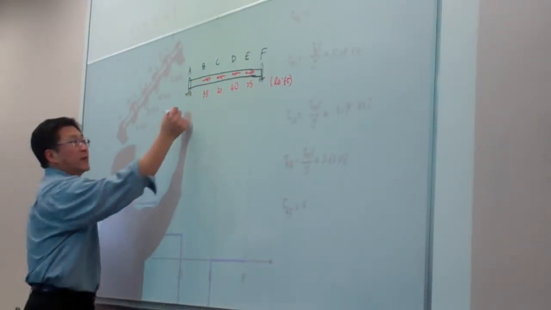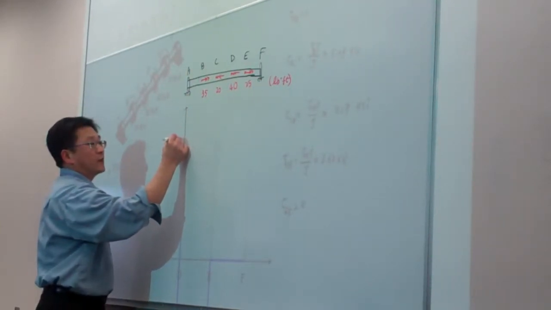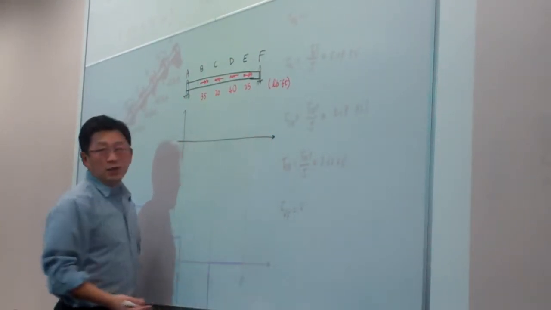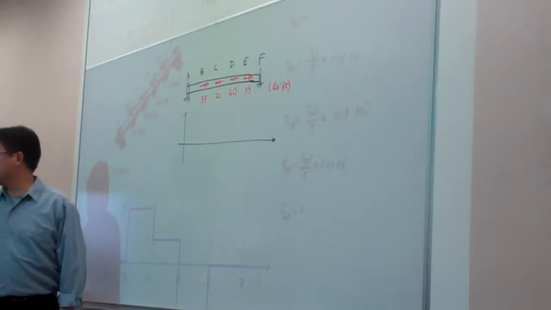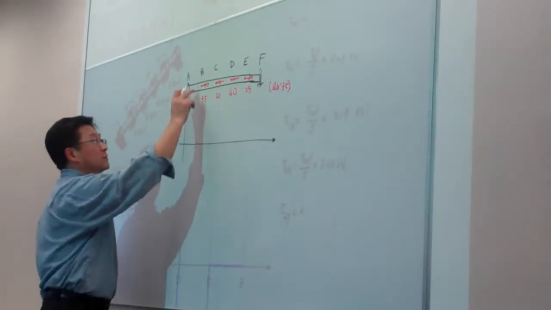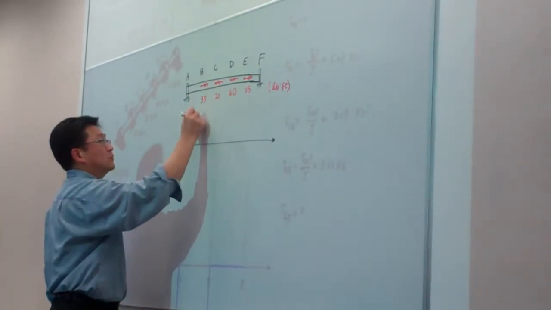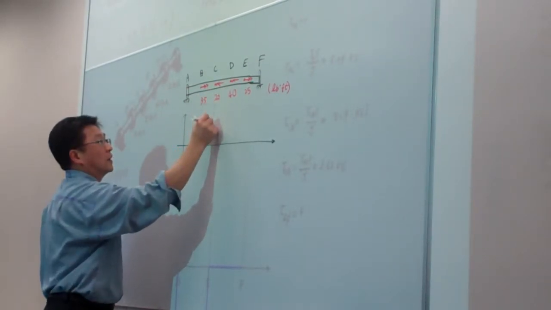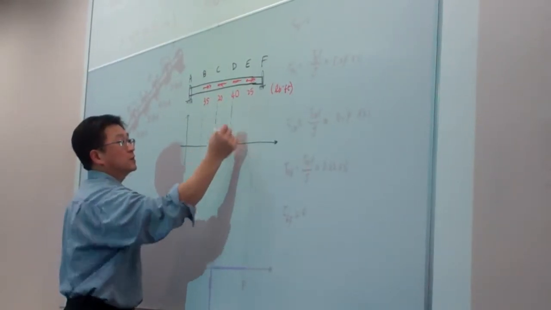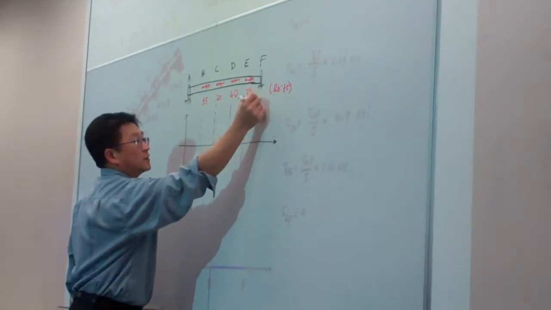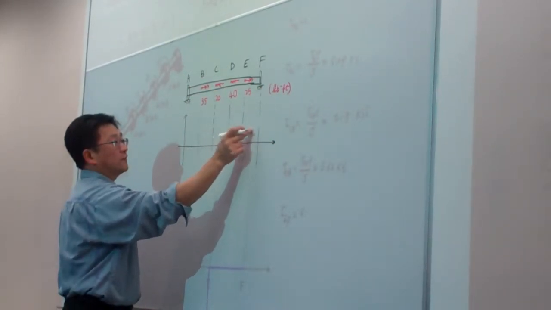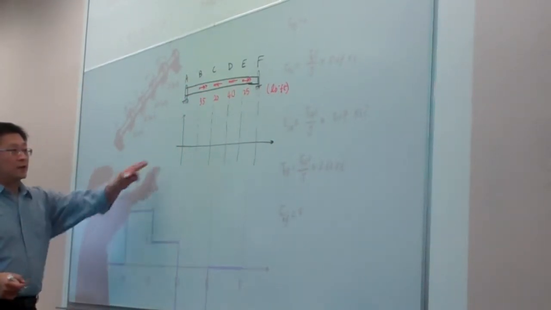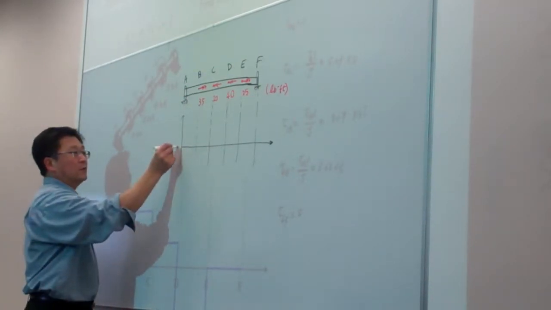So again, the first step is to analyze the reaction torque in each segment. The same technique we have done in chapter 2. Here we divide into 1, 2, 3, 4, 5 segments. And then this direction, this is 0.